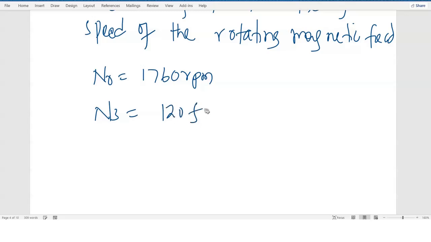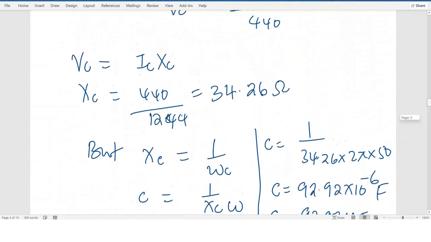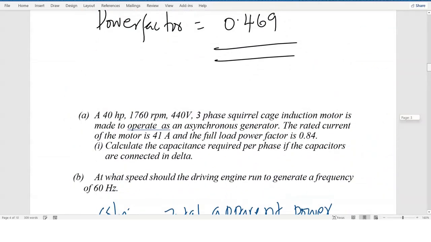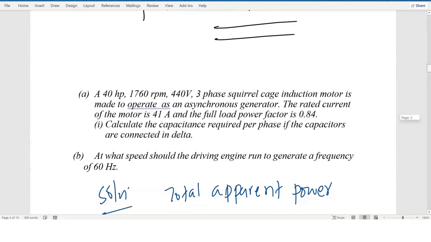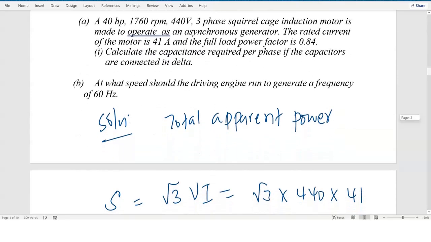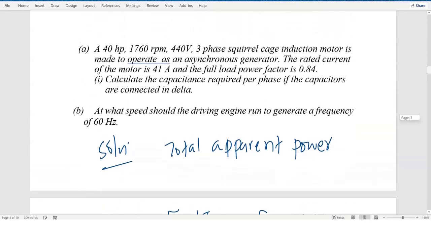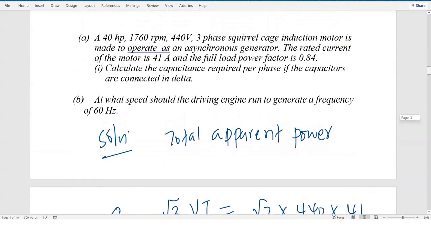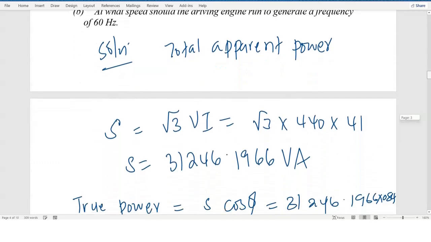NS is 120 F divided by P. The P is the number of poles, and the number of poles are not given, but we can see that the nearest speed is 1800.